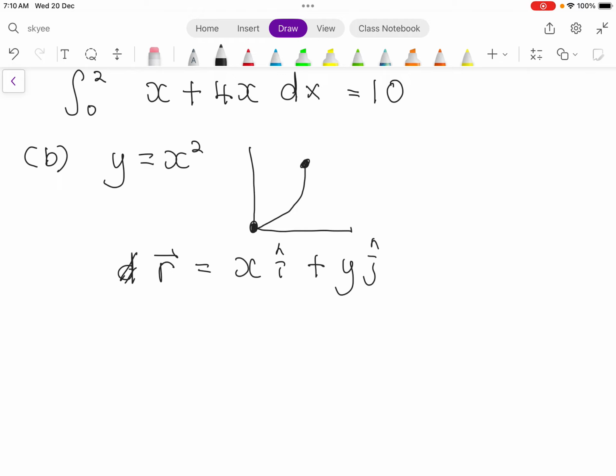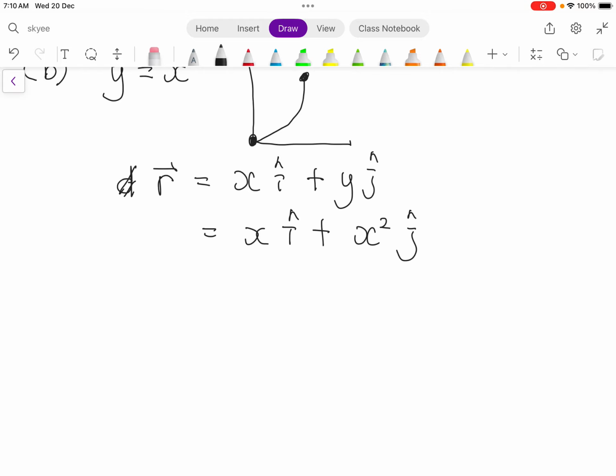So now we convert it as i, and the y is the x squared j. You convert all the y into the x. Now is the dr. So dr equals i plus 2x j, same like the previous one. Just now is 1, now is 2x.